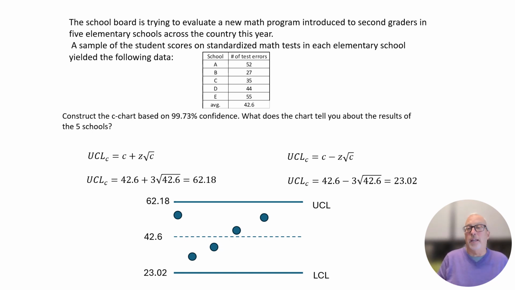So if we did our sampling across a day or a week, we might find that there is a time influence, and we would see a pattern in this data that we would have to be conscious of. But in this case, it's not a time-based sample, it's just 5 different schools. So anyway, not too difficult to solve these, but it's a very unique case. Read the problem, and usually the problem will give you a hint and say this is a C chart. So just use this approach.